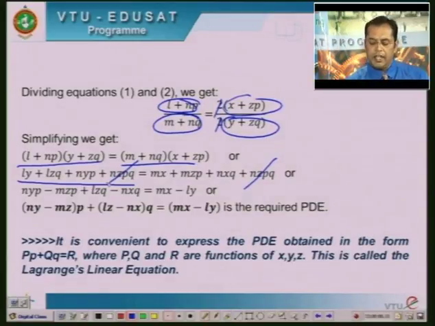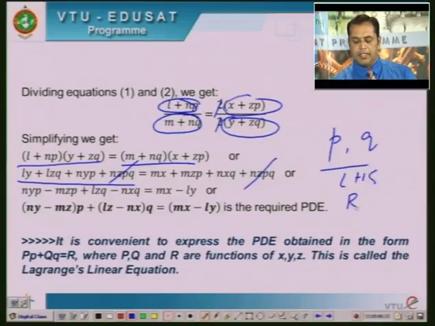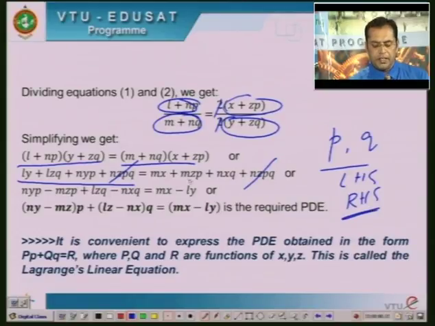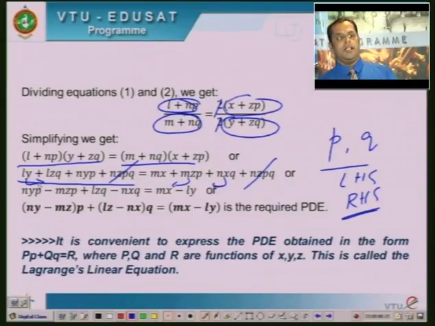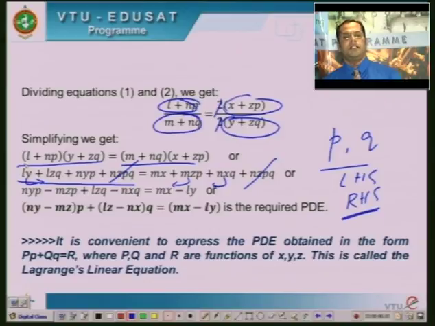Rearrange by taking all small p and small q terms to LHS and remaining terms in the RHS. So, what we do? Shift mzp to LHS, nxq to LHS, and here the term not containing p or q is ly, shifted to the RHS. So, we get nyp, this will come here minus mzp plus lzq, this term will come to LHS minus nxq equal to, already there is mx, this ly comes to RHS, which is mx minus ly.